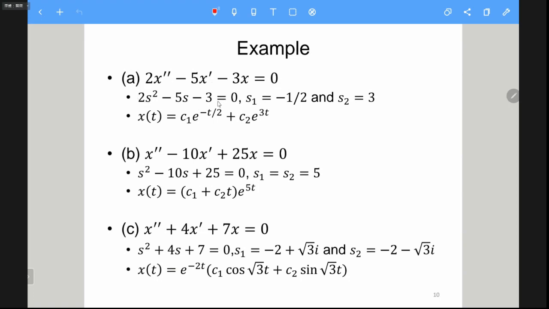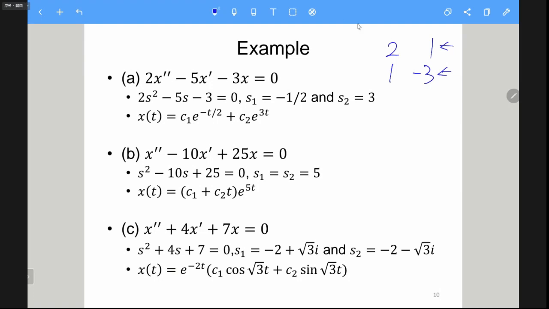You can just write it as (2s + 1)(s - 3), so you have a positive 3 and a negative 1/2.